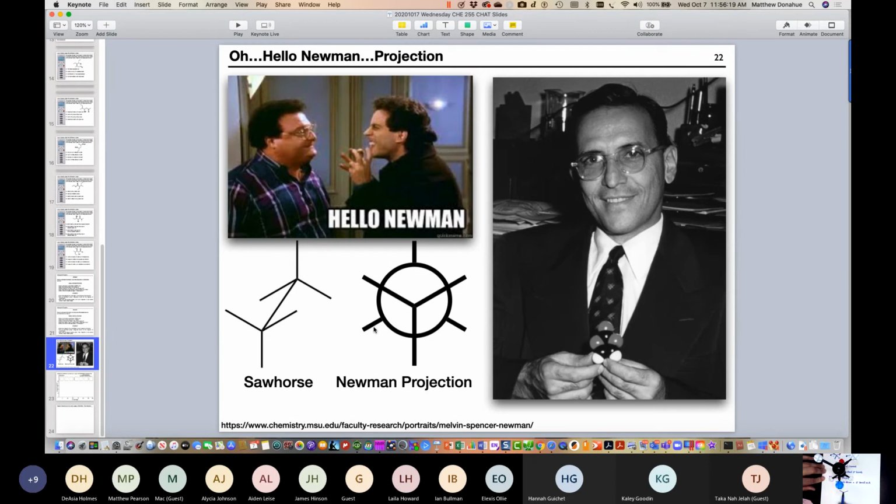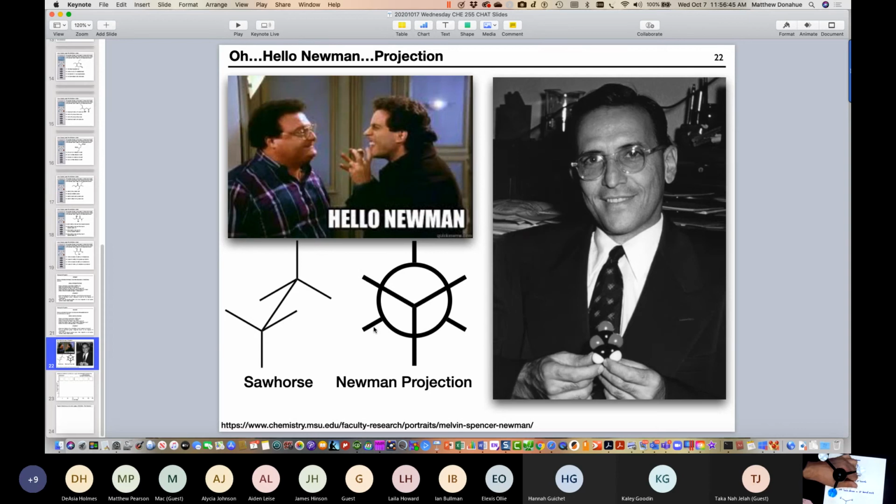So what should I draw on these 3 different bonds? So we're looking down C2, C3. The first carbon is here. We should draw H, H, and CH3.